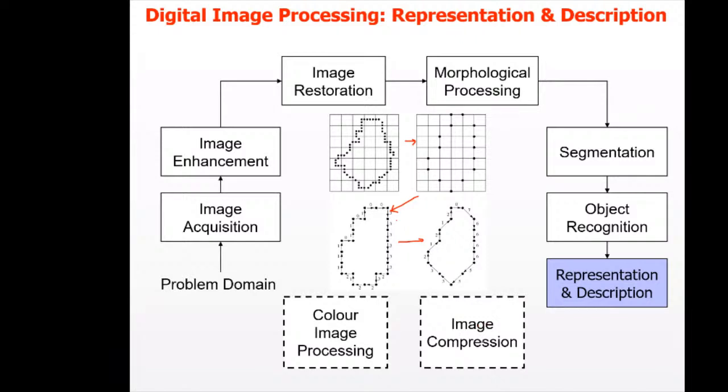Then there is image compression. I told you whenever you want to store an image in lesser space in the memory, then you may like to compress the image. Similarly, when you want to send the image from a transmitting end to the receiving end in a communication channel, in that case also, to save on the bandwidth of the channel, you may not like to send the complete image, all the pixel information.